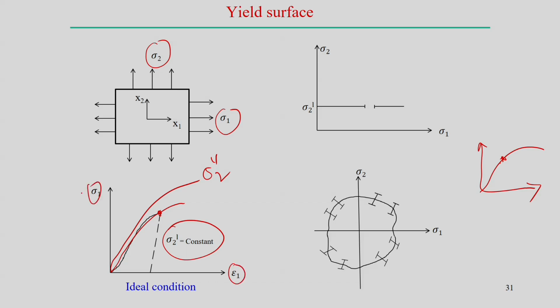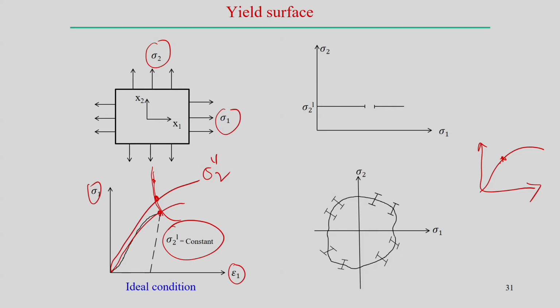In each different curve there is some yield point. When you join those yield points together, it creates a curve if it is 2 dimensional. If it is 3 dimensional, it can be represented in the form of a surface.